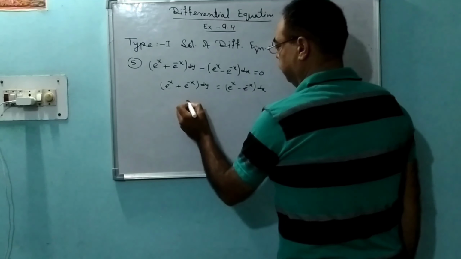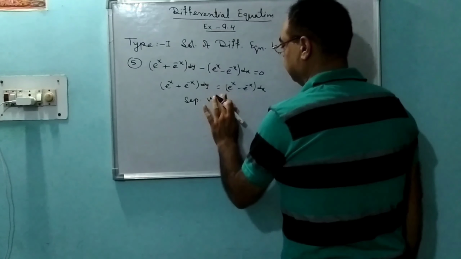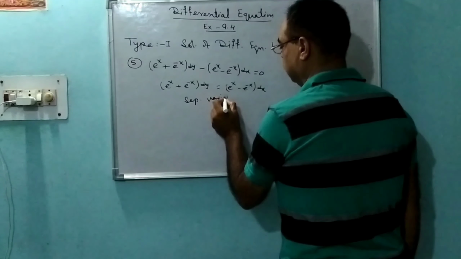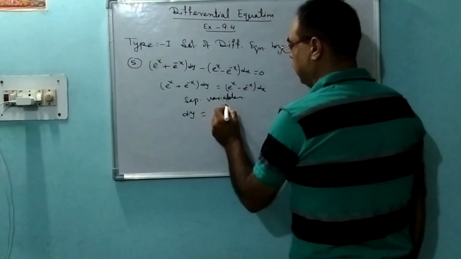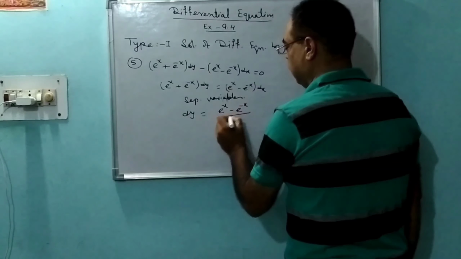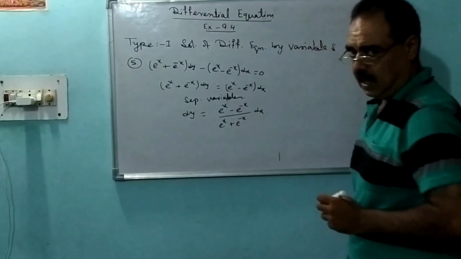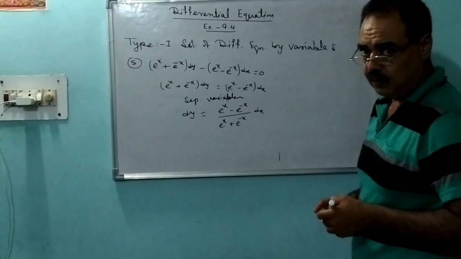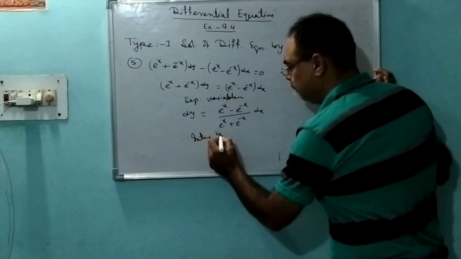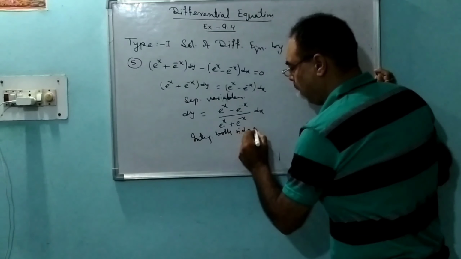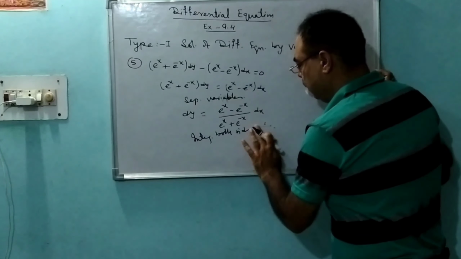Separating variables, dy is equal to (e^x - e^(-x)) divided by (e^x + e^(-x)) dx. After separating, what we need to do? We need to integrate. So integrating both sides with respect to x.